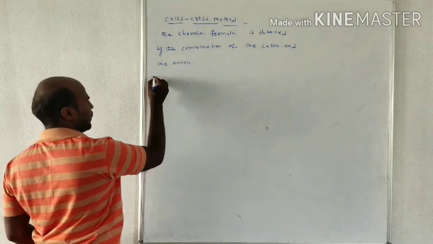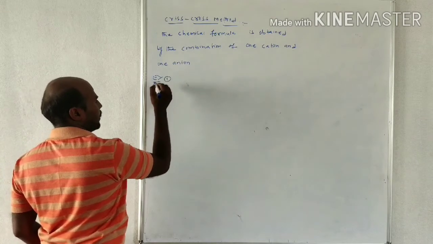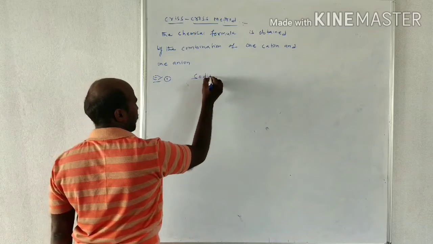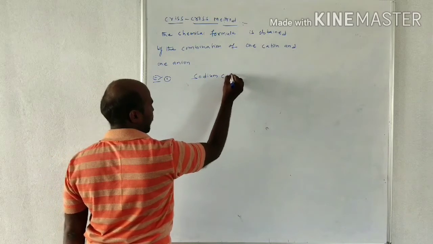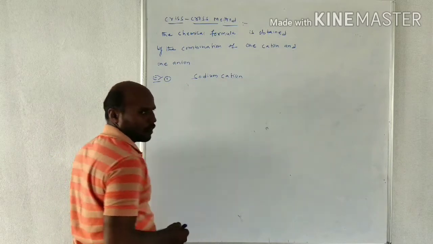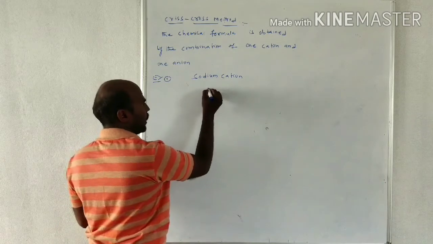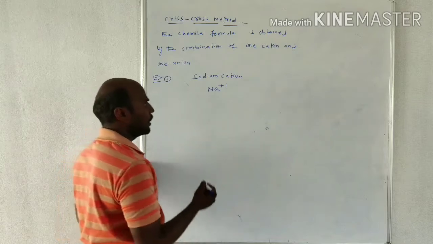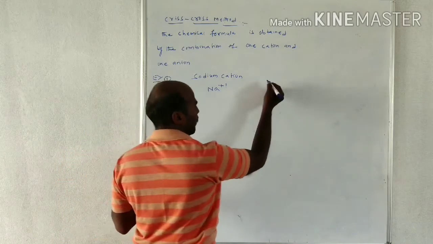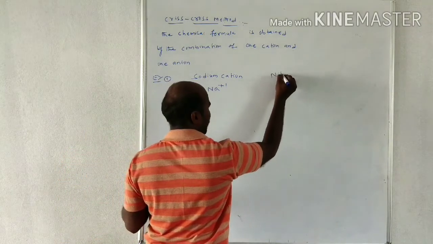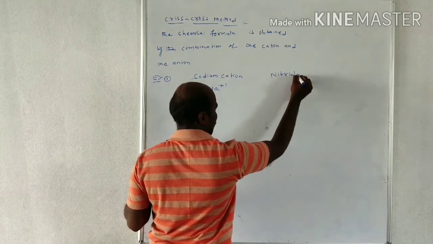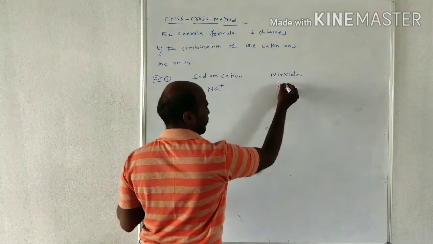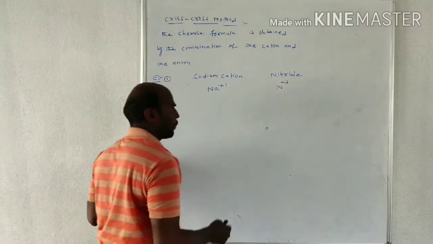For example, take the first one, sodium cation. What is the charge for the sodium cation? Na plus 1. Now we can take one anion, that is nitride ion. What is the symbol for nitride? Here N, the charge of nitride is minus 3.